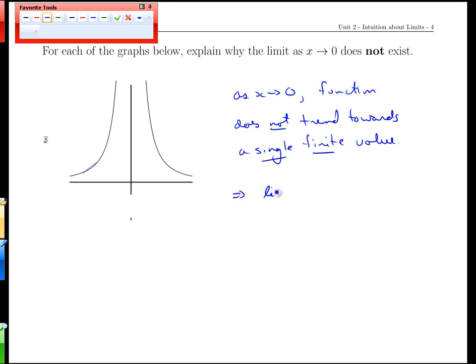What do we conclude from that? Well, if we ask the question, what is the limit as x approaches 0 of f of x, we can't set it equal to anything. There's no number we can plug in there. We can't say it approaches 4 or anything else. So we say that that limit is simply undefined. So let's compare and contrast.